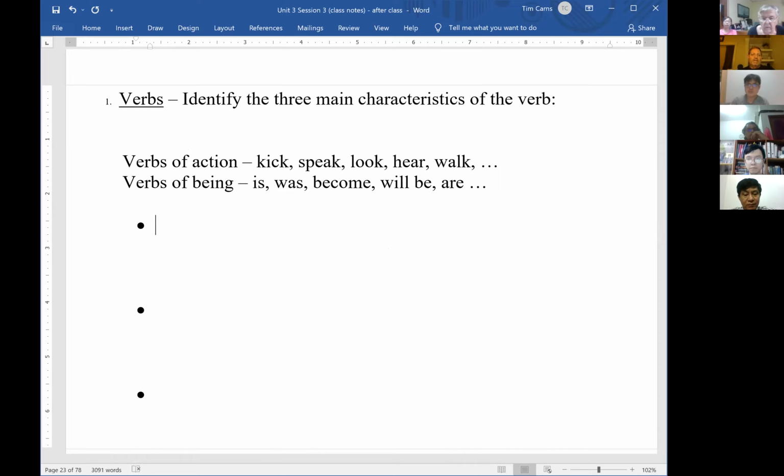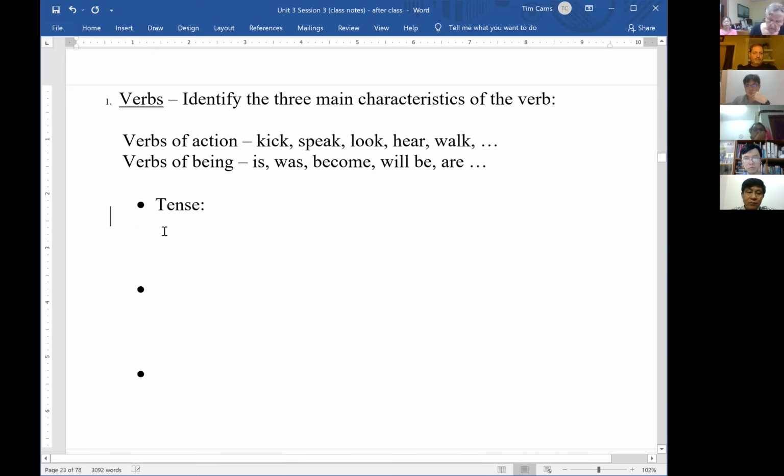One is the tense. So in English, we have what's called a tense. What are the tenses of English verbs? When we talk about English verbs, we refer to them in reference to time. What kinds of tenses exist with English verbs? Anybody? Are we talking about past and present tense? Yes. Past, present, and there's one more.